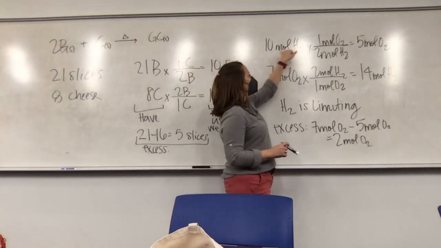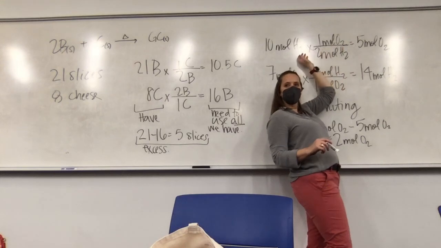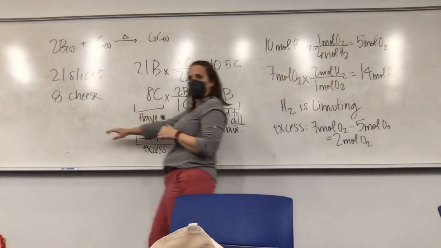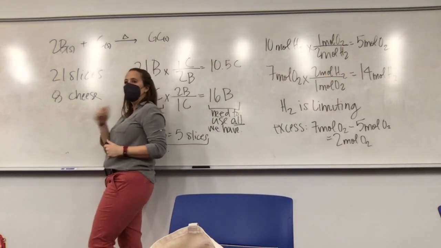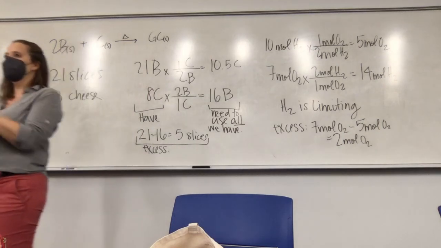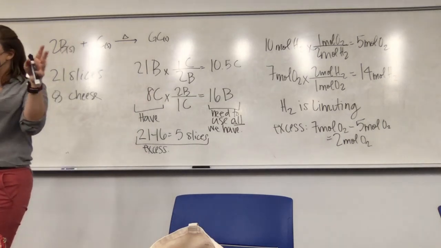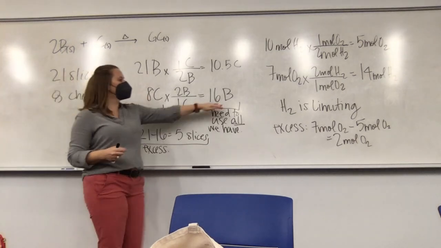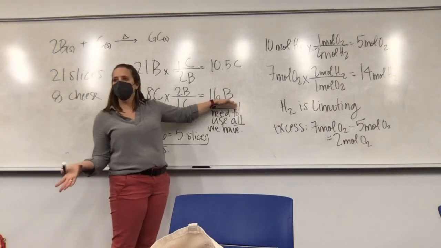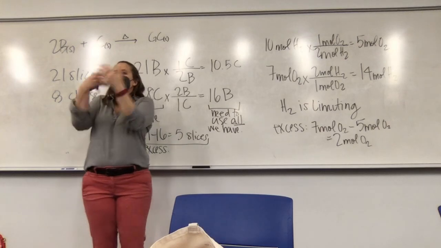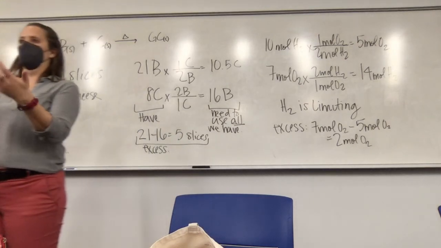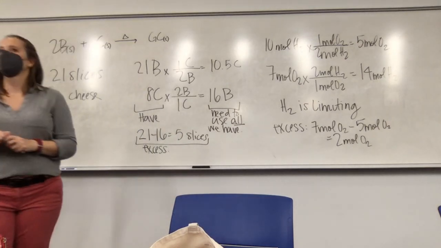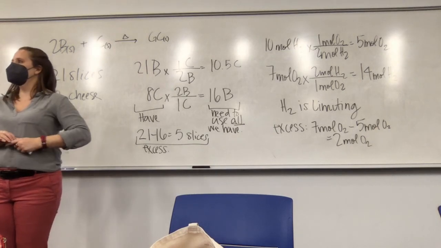So this is a perfectly balanced arrangement. If we think about our cheese arrangement here, it's the place where 2 breads plus 1 cheese makes a sandwich. In this case, if we use up all the cheese, we know that there's leftover bread. So I'm asking you how much of whatever is left over is left over. Other questions?